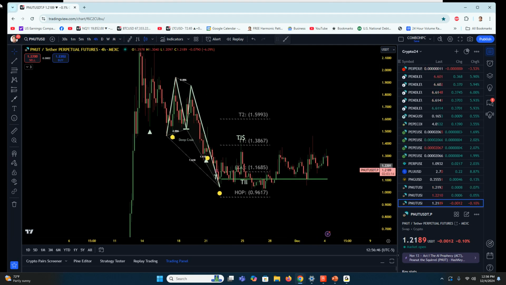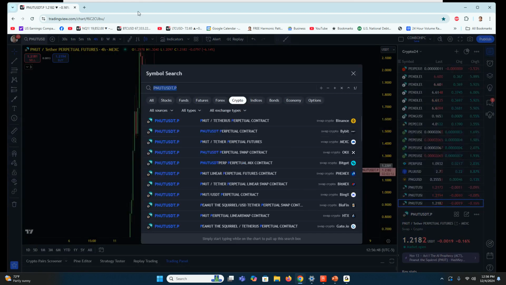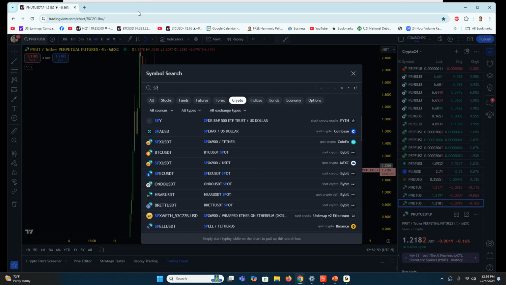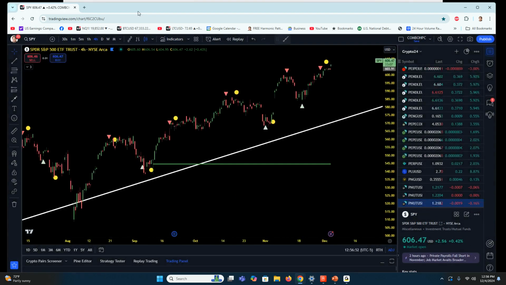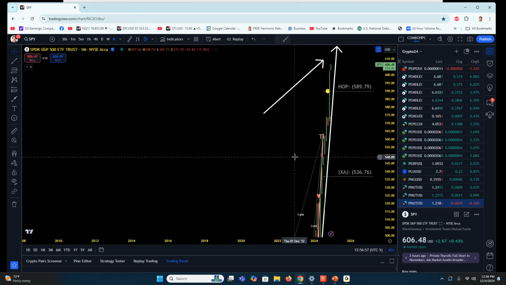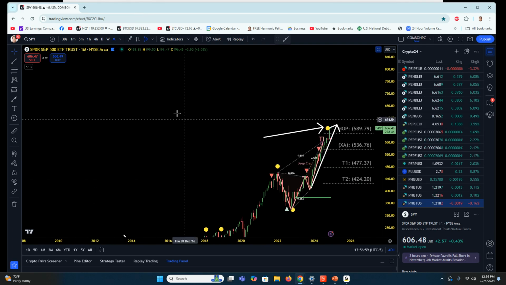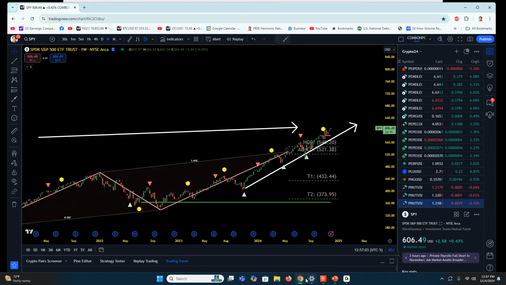Let's look at two or three stocks. Let's start with the SPY, and the SPY is really good for the whole market. And I think this is a great breakdown for all harmonic patterns. Hold on.